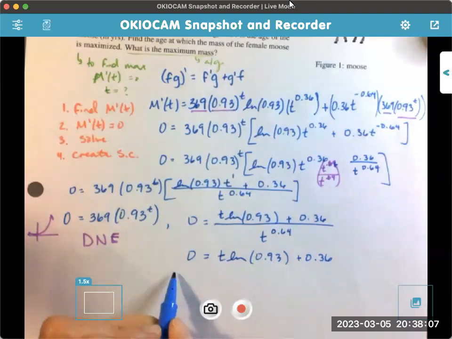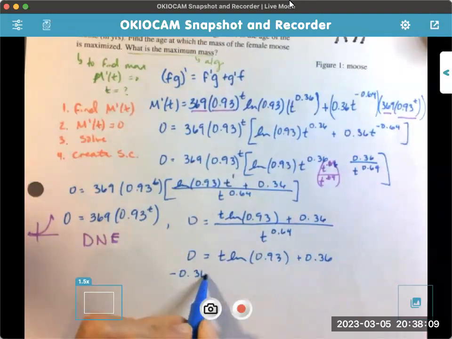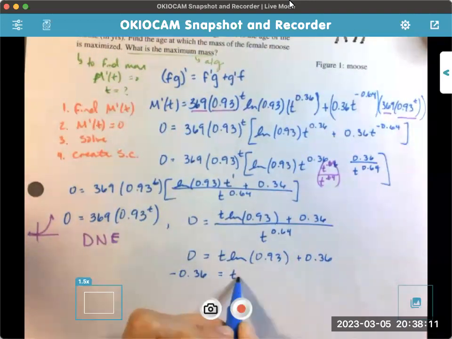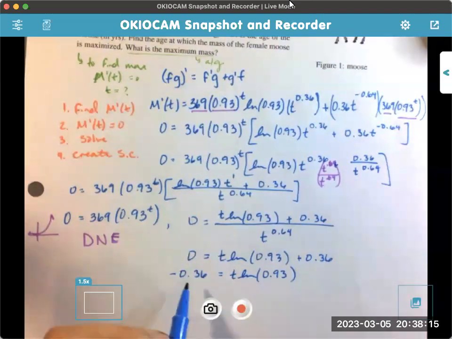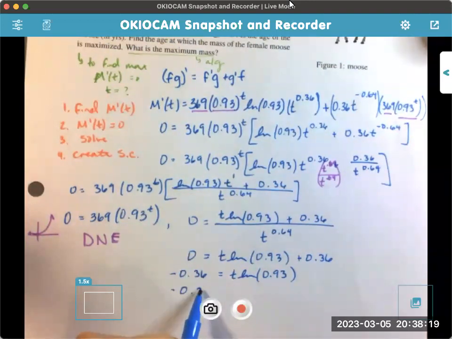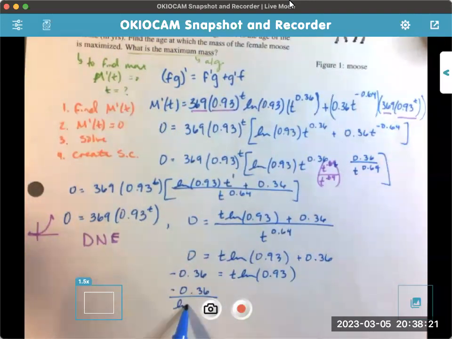We're just going to subtract that over. Negative 0.36 = t times the natural log of 0.93. So we're just going to divide by that natural log. So negative 0.36 divided by the natural log of 0.93 equals t.